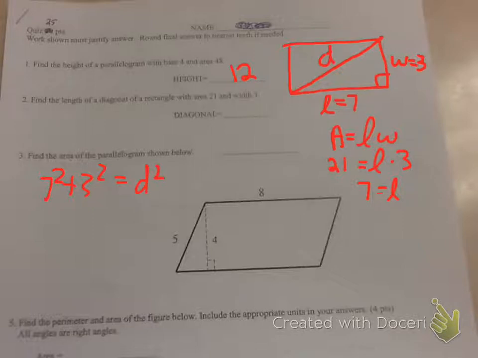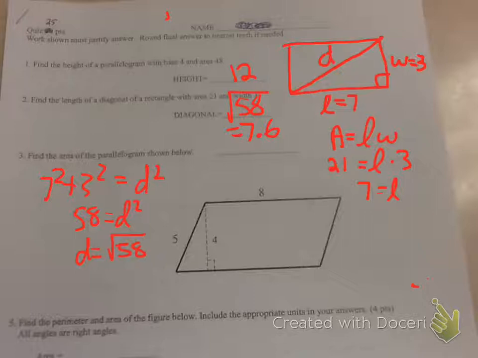That's going to give you that this side over here works up to 58. That's D squared, and since we know D is positive, D is the positive square root of 58. To the nearest tenth, that would be that D is equal to 7.6. So either one of those two would be fine.